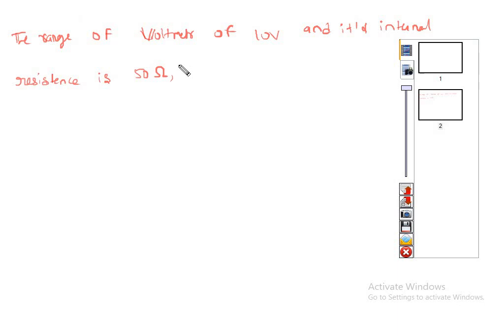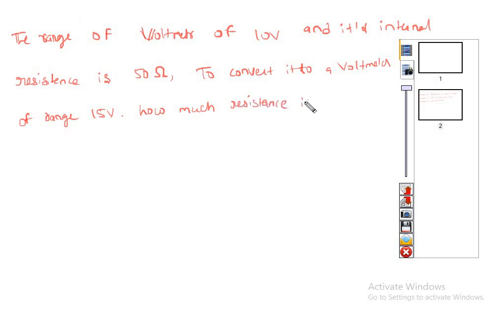To convert it to a voltmeter of range 15 volts, how much resistance is to be added?